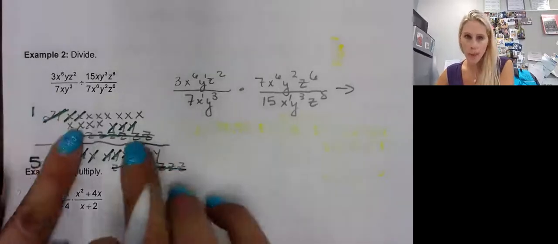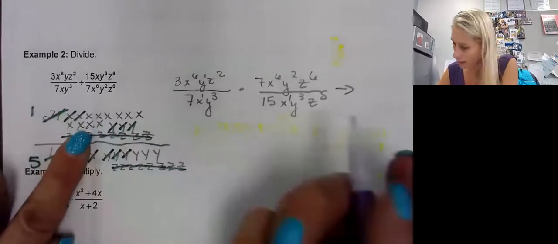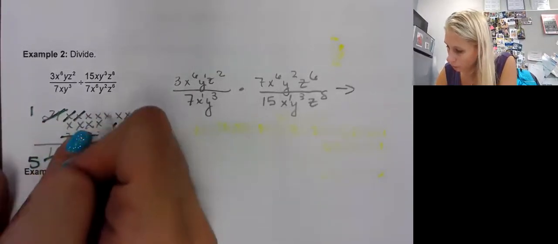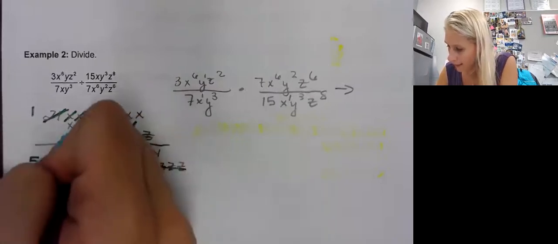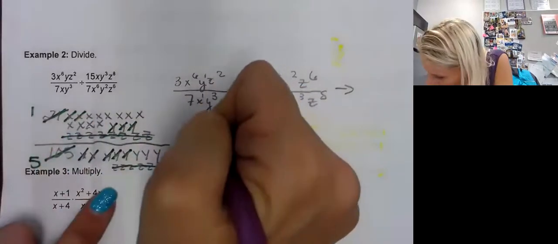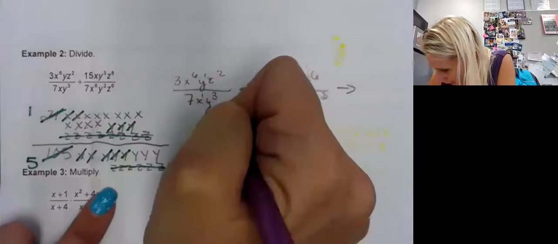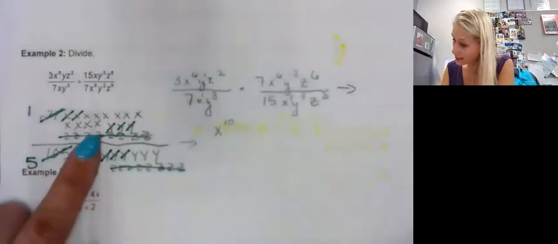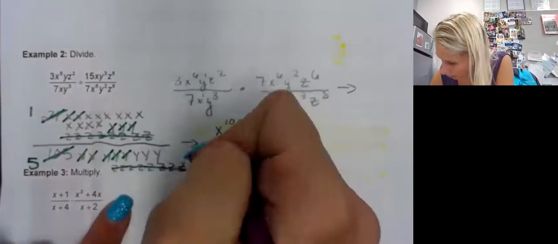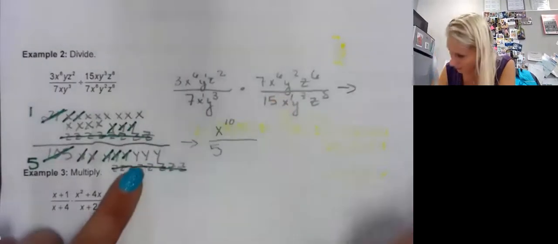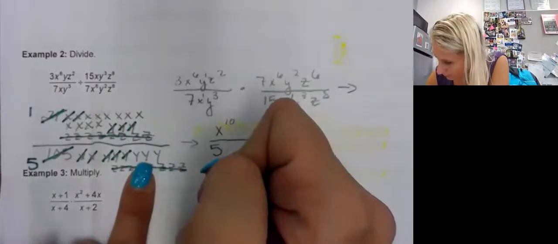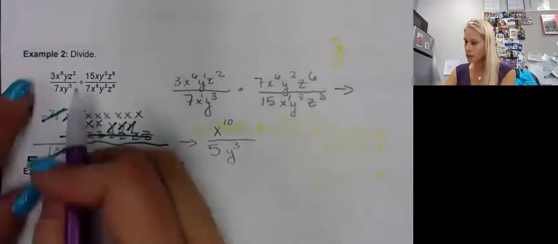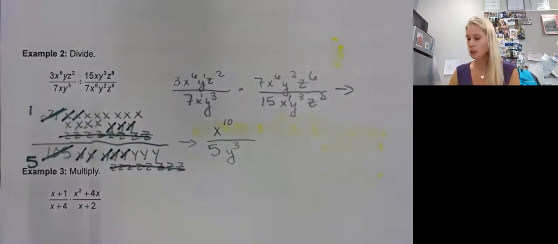No, you don't. But how many x's do we have up here now? 1, 2, 3, 4, 5, 6, 7, 8, 9, 10. So we have x to the 10. Nothing else up there. We still have that 5 in the denominator and 3 y's below. Wow, that's a really small answer for that big division problem.